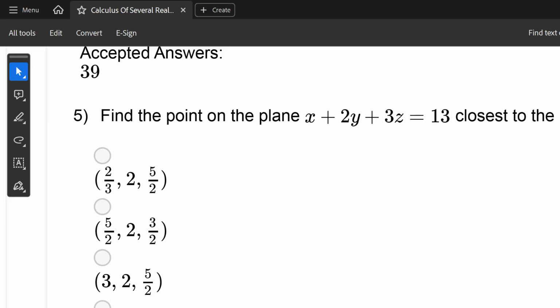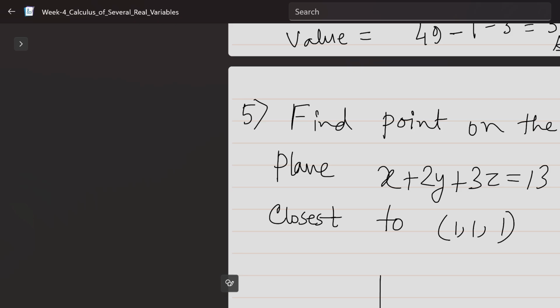So what is the plane? How do you draw this plane? First you tell me. This is X, this is Y, this is Z. How to draw?